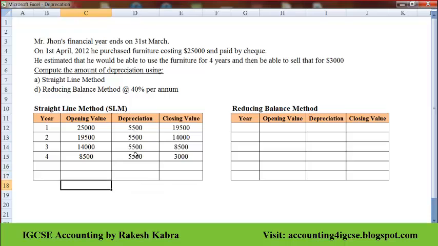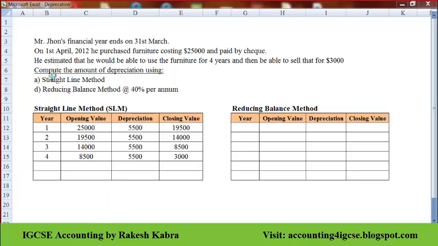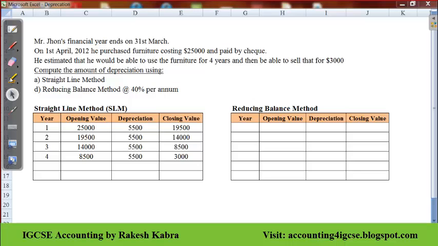See, if I draw a graph of this depreciation. Just a minute, let me take something to explain. You know graph? So see, if anybody asks me to draw a graph for this depreciation, so see year 1, year 2, year 3, year 4.